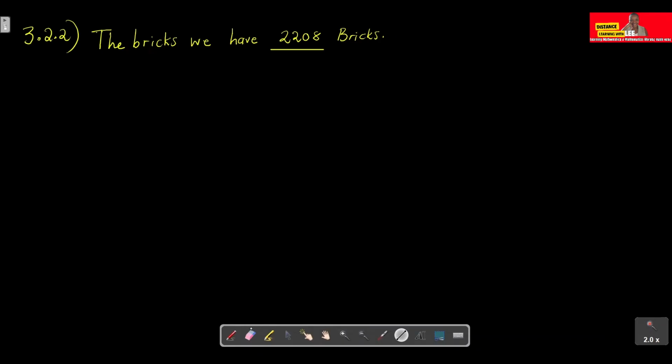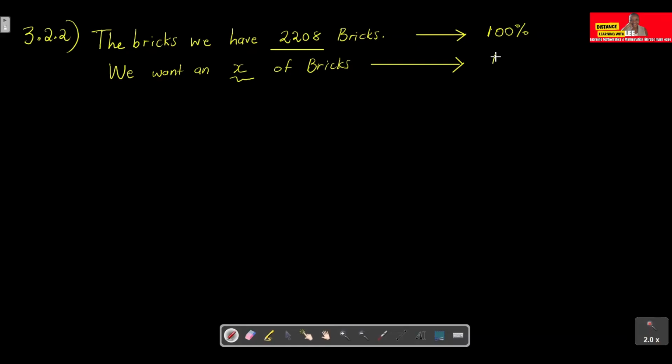For 2,208 bricks, we want an X amount of bricks. This 2,208 represents just 100% of our bricks because we haven't added any bricks yet, and this X amount represents the 10% that we want. We want 10% more.